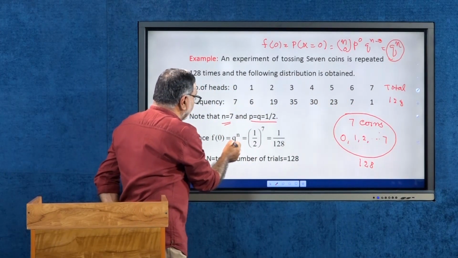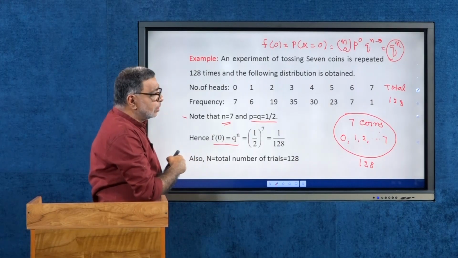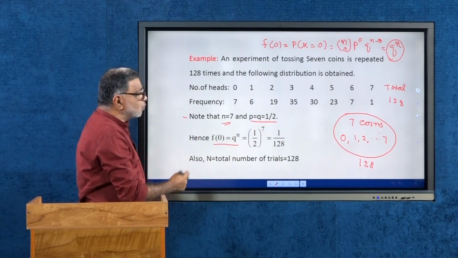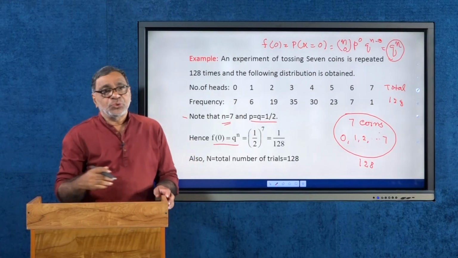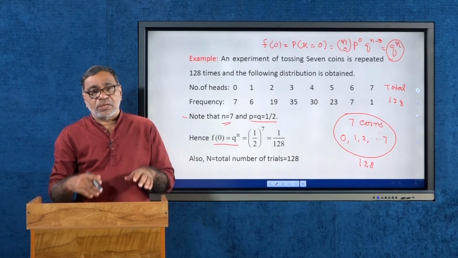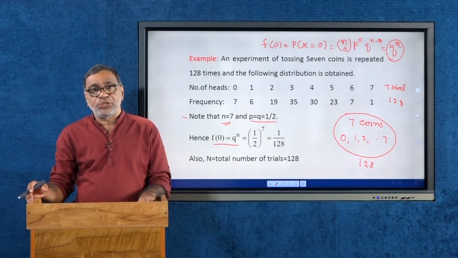So f of 0 is q power n, and q is equal to 1 by 2, so 1 by 2 power 7, that is 1 divided by 128, and the total number of times the experiment is repeated is 128.